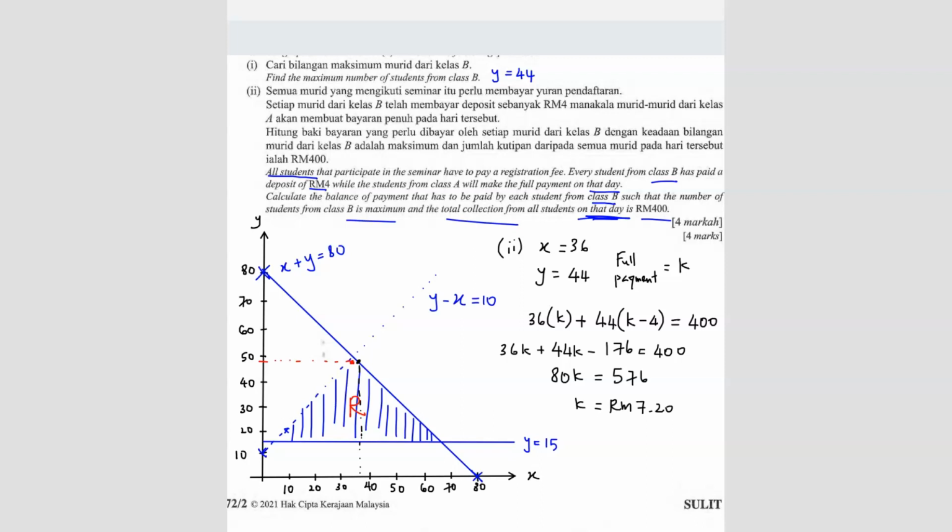So how much do the students from class B have to pay? They have already paid 4 ringgit, right? So the balance payment for each student from class B is 7.20 minus 4 ringgit. So they have to pay an additional 3 ringgit 20 cents. So this is your answer.